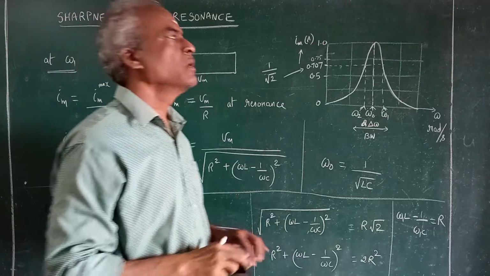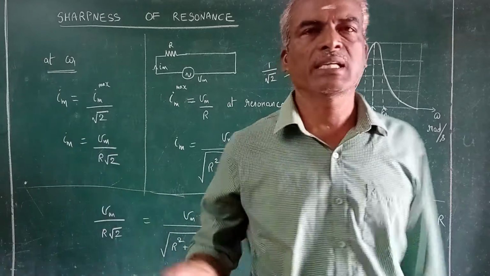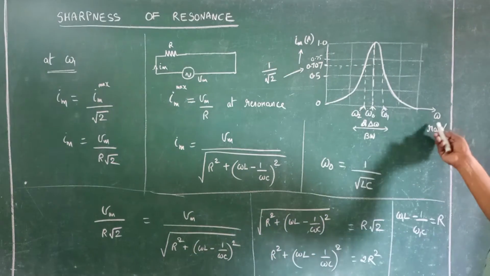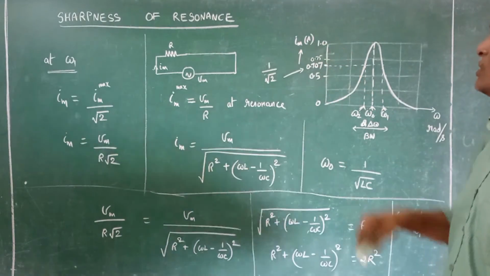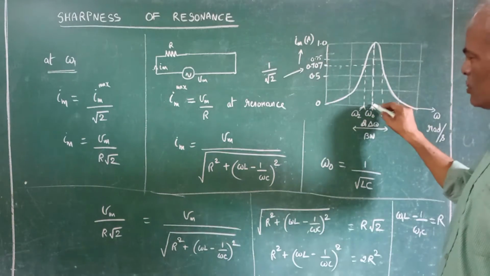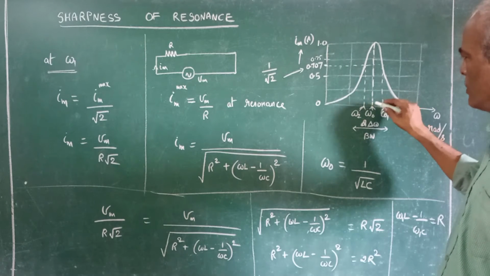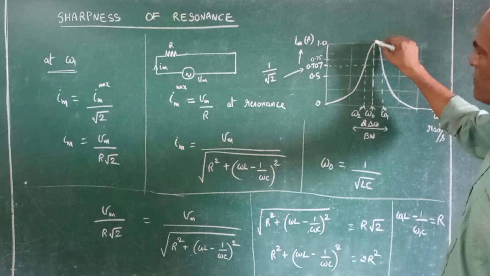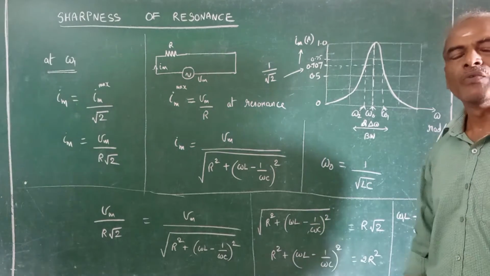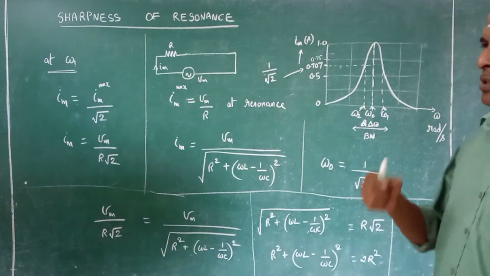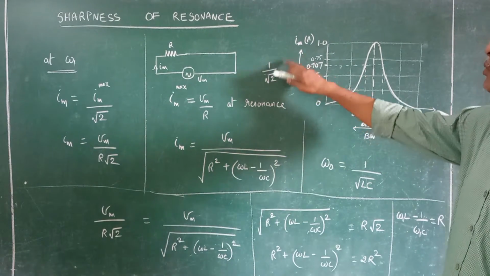So we have seen the graph for resonance. On the x-axis we take frequency or omega in radians per second, and assume this is the maximum value of the current, which is say 1. This is omega naught, the resonant frequency. The current is maximum at this point. But for this derivation, we are allowing the range of frequencies from 1 by root 2 to 1.